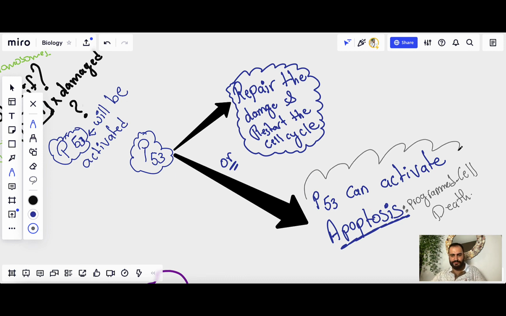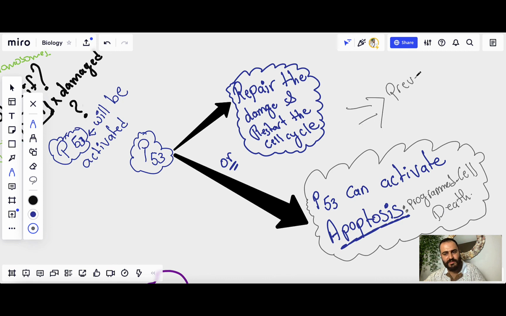So if the damage in the DNA is not repaired, then P53 will allow the cell to destroy itself so that it won't proceed in cell division. And both of these steps are very important to prevent the production of abnormal cells.